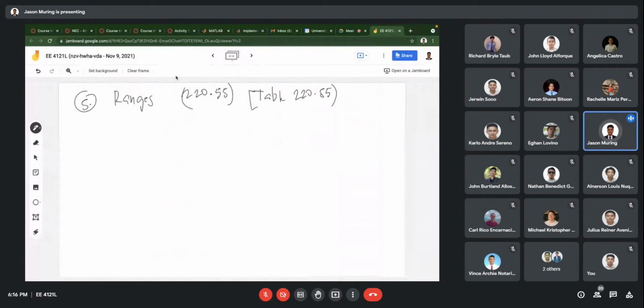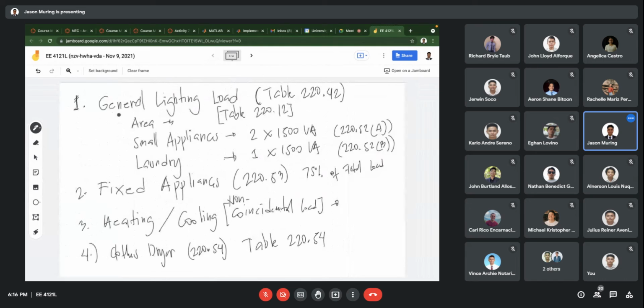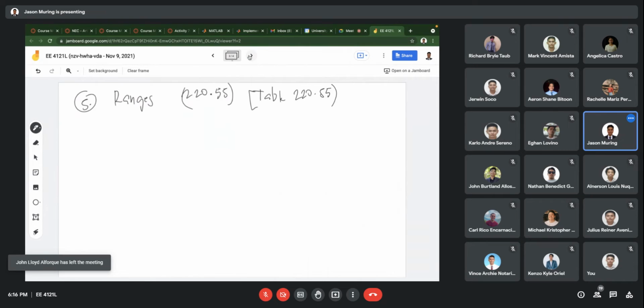Okay, so by far we have here ranges, dryer, then I forgot something. General fixed heating. Okay, so it depends now. There's this sixth item because it is required in 430.24, the largest motor.